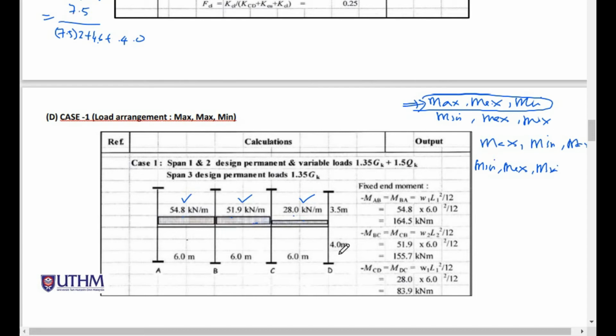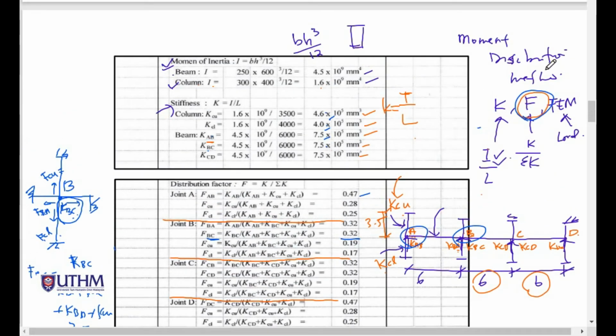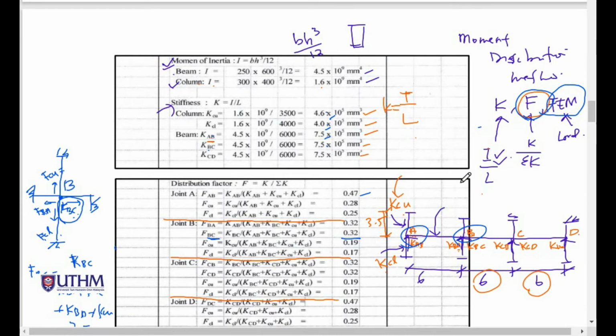The lower column height is 4 and the top column height is 3.5, and each beam has a 6 meter span. Next is to determine the fixed end moment for each span, because you want to proceed with the moment distribution method, thus you need to determine FEM, fixed end moment.